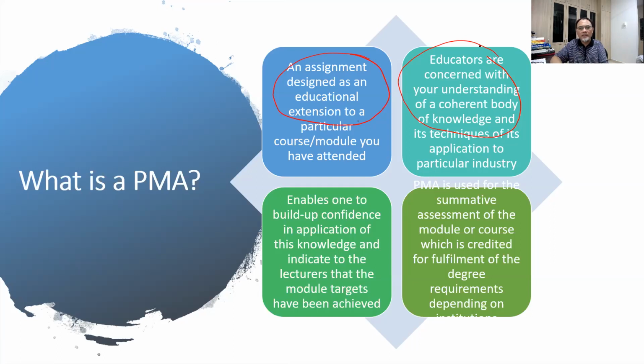Or even in quality management, we are looking for the ability to identify organizational problems or issues towards excellence. If you're able to solve the problem, it enables you to build confidence in the application of this knowledge, and we are also satisfied that the module targets have been achieved.